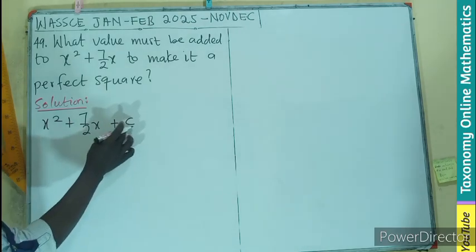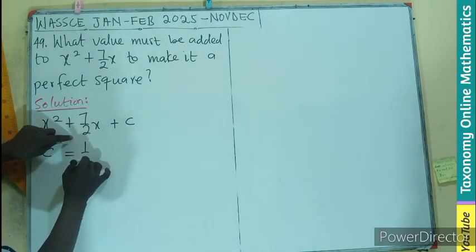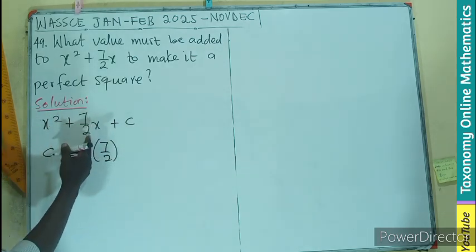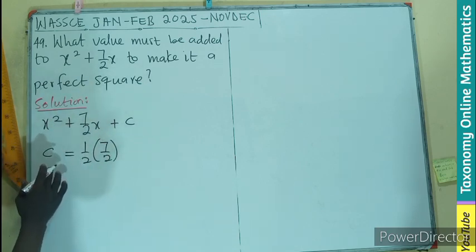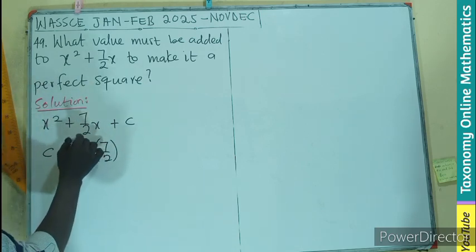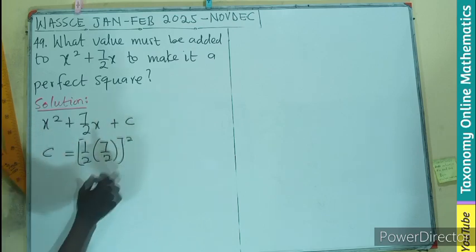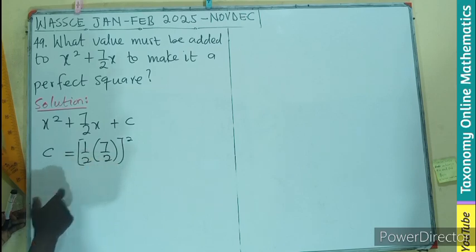So the c value is just half of 7/2, the coefficient of x, and then we square all of that. Here we can apply the laws of indices.